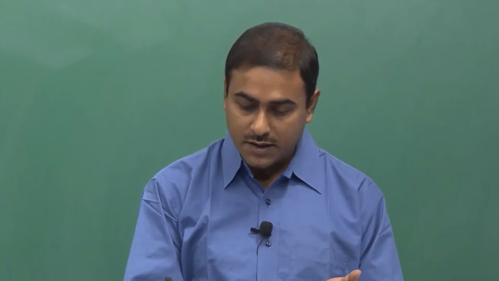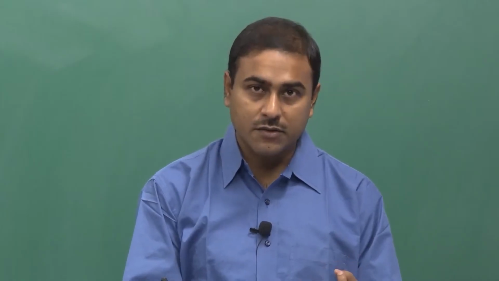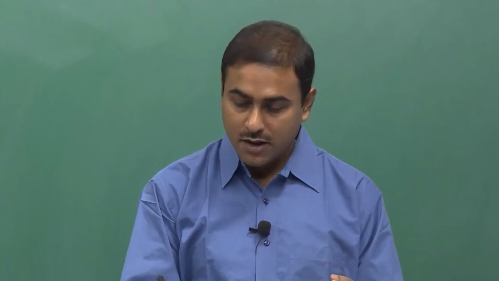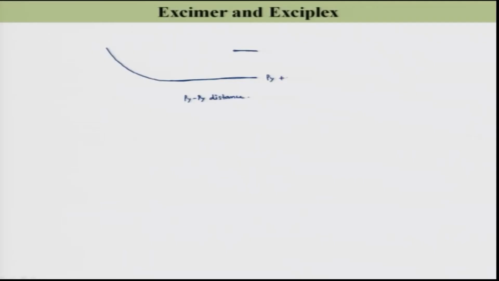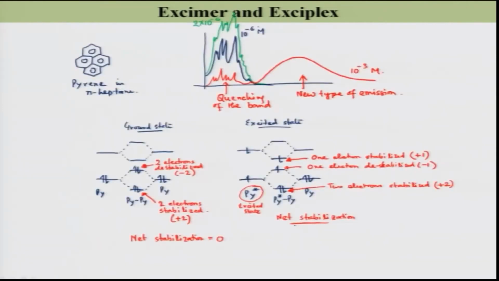Here one pyrene is in the ground state, another in the excited state, so here I will write Py plus Py, and here Py star and Py.